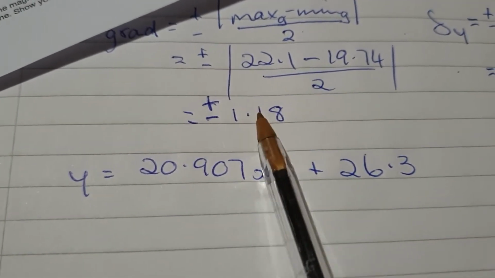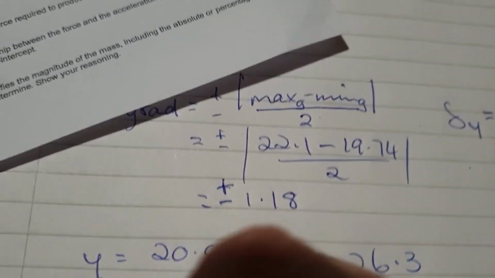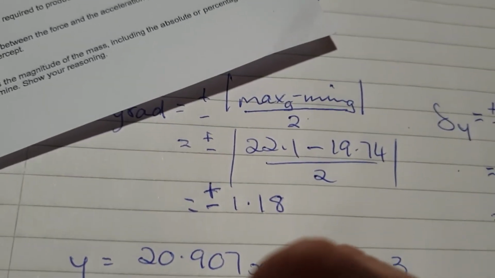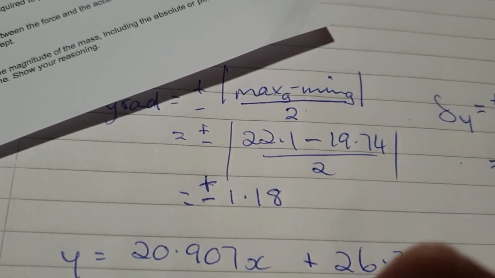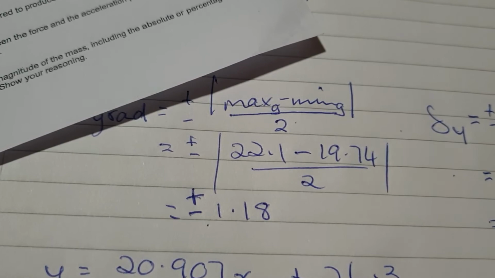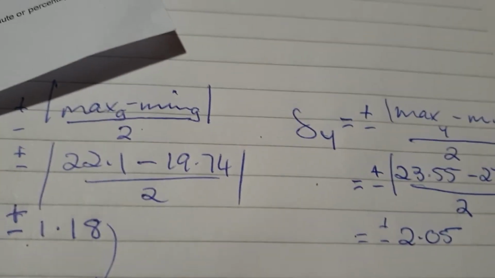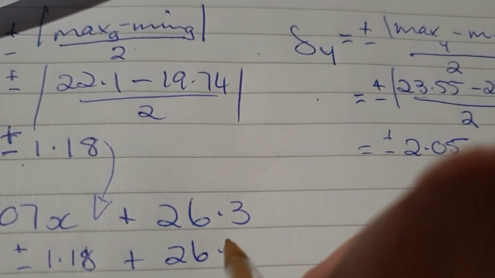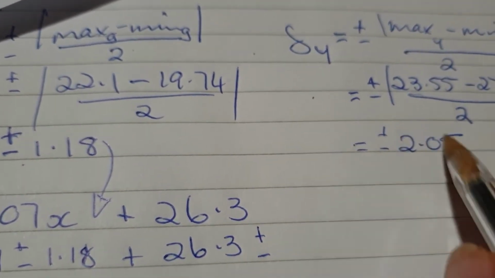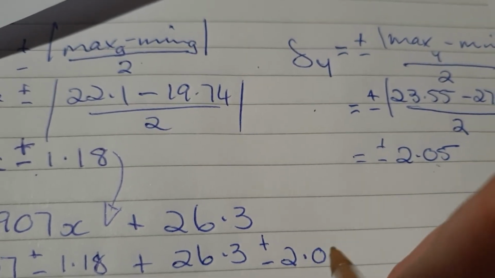We're going to put these into it. I should have left room and done it in one go. So y equals 20.907 plus or minus the uncertainty in the gradient, 1.18, so that figure goes down there, plus 26.3 plus or minus this one here, the uncertainty in the y.